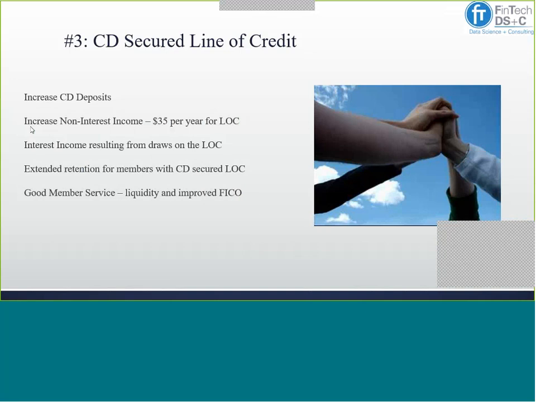Let's say that we are able to pull the FICO score of our members, and we know that FICO score, and we segment that into a higher range or lower range. Maybe we use the underwriting guidelines for our auto loans, okay, or personal line of credit.